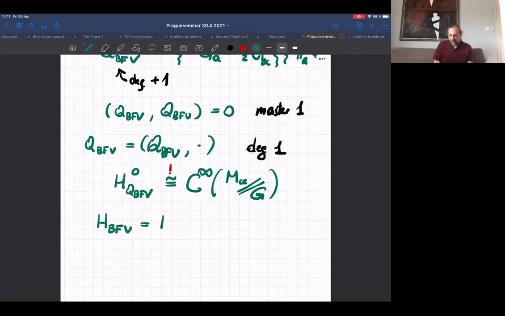This H_BFV starts with the classical Hamiltonian and continues like this, and then there's a second compatibility of this extension in such a way that it is Q_BFV closed. And that's the second master equation.